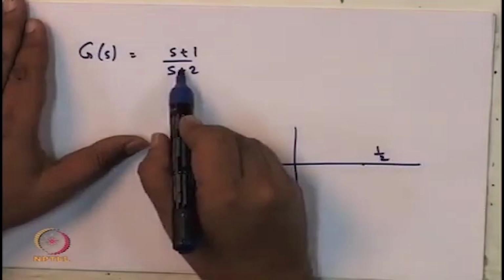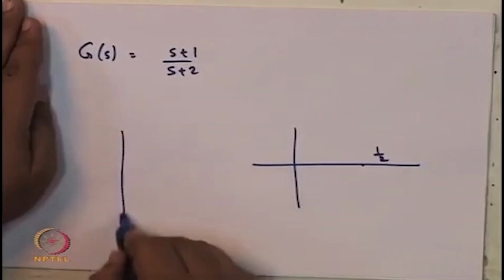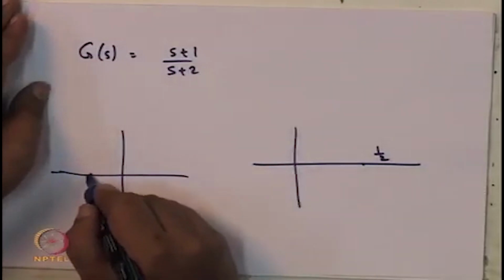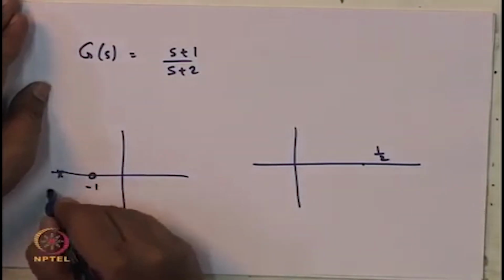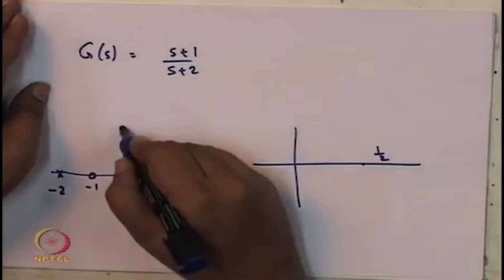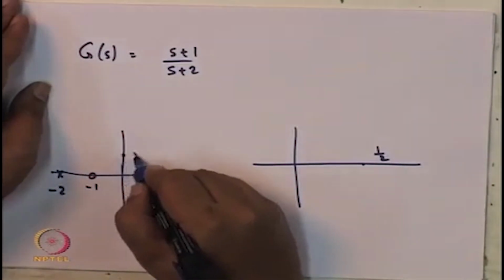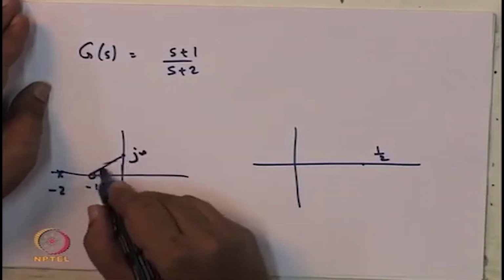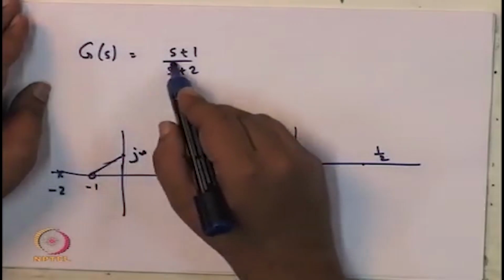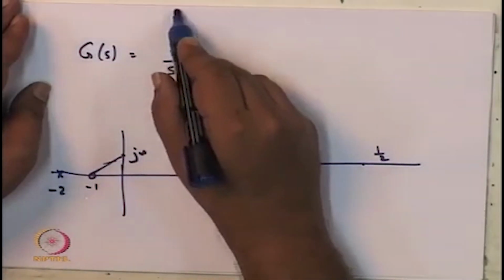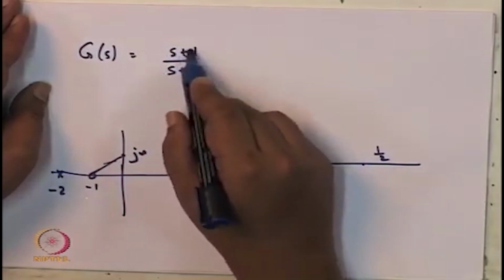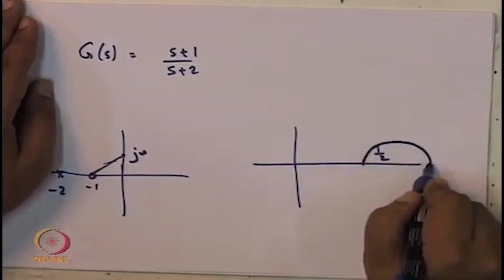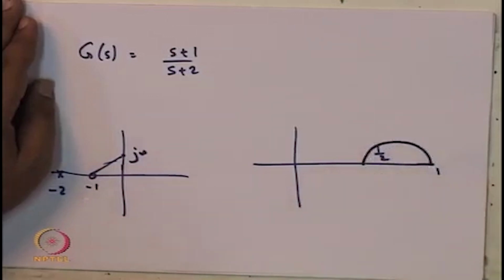This particular transfer function has a 0 at -1 and it has a pole at -2. So, as you go up, you find at any particular j omega there is this angle which is larger than this angle, and so it is going to be positive. And as j omega tends to infinity, this finally tends to 1. So, you end up with a Nyquist plot which looks like this, goes to 1.